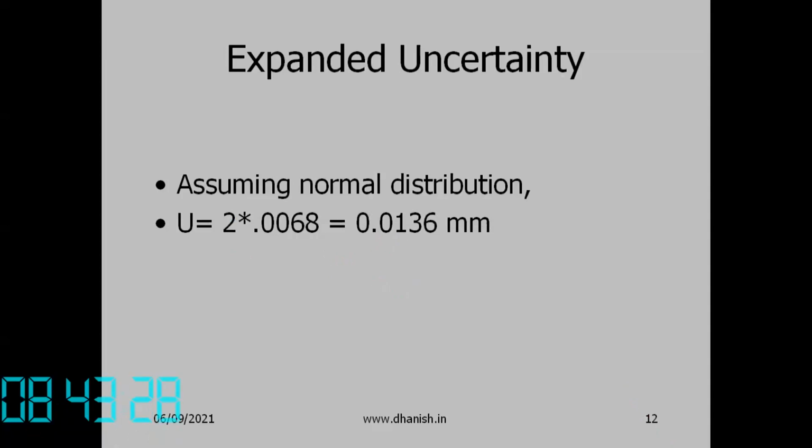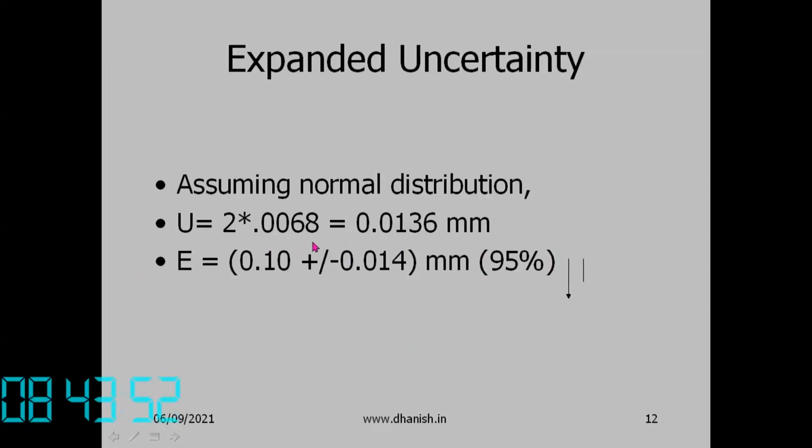Because when you take the difference between 2 quantities, for example in regression, we take Ei equal to Yi minus Yi cap. If both quantities are big, the significant digits in the answer will be much less. So expanded uncertainty is this much. Coverage interval will be plus or minus this. Okay, 0.1 plus or minus 0.014 mm with 95% confidence. So it's a 95% coverage interval for the error in the Vernier caliper.